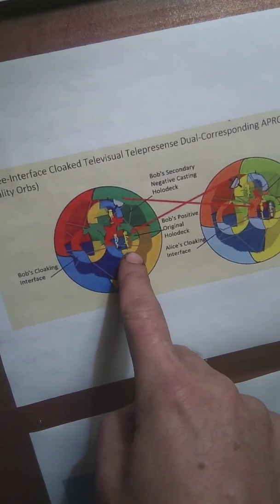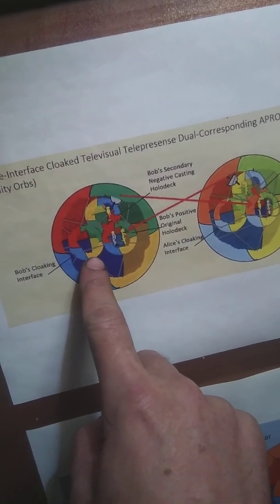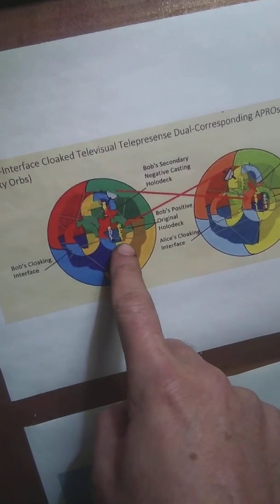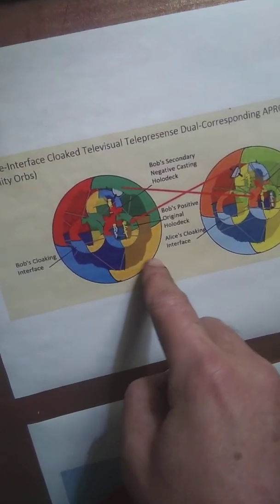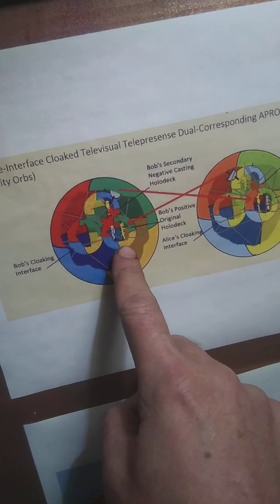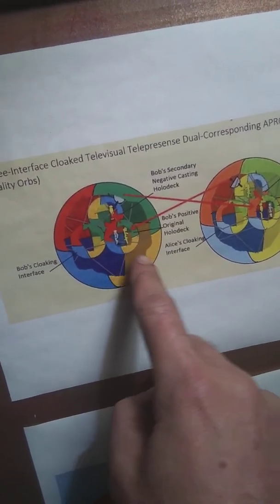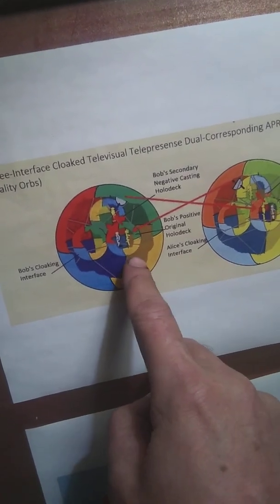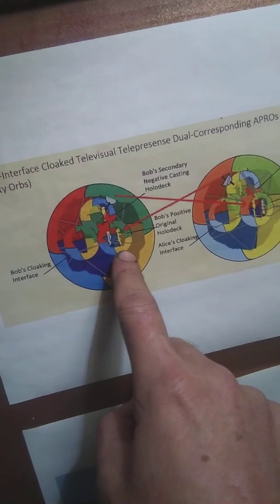And I'm debating whether this is connected to this cloaking light interface to be a physical and light interface holodeck, or if it's directly connected to the outside world, which would make it a continuation of the outside world giant holodeck interface, light and matter interface.